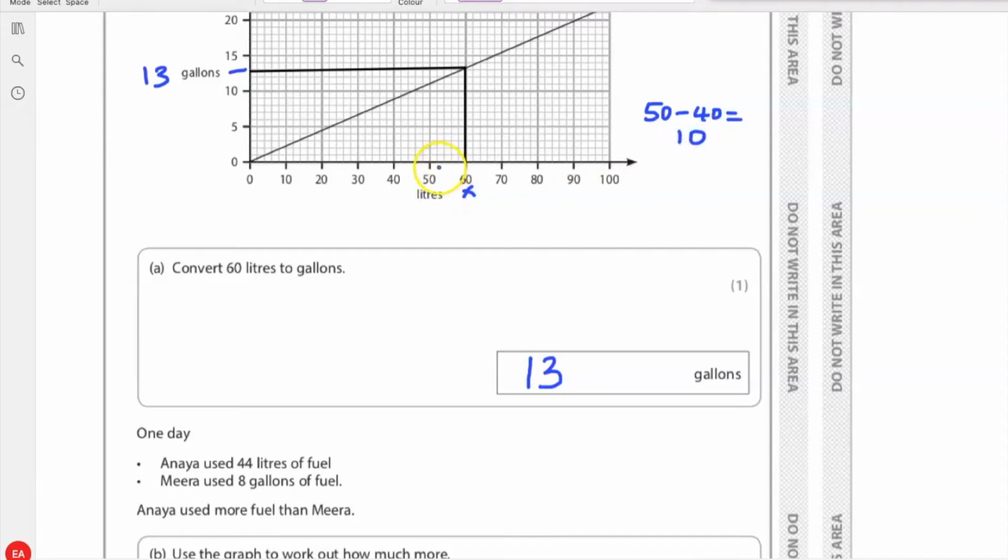You divide it by the number of lines we have in between 40 and 50: 1, 2, 3, 4, 5. So 10 divided by 5 is equal to 2. This helps us know that it's going up in 2. So I can now come back and read 40, 42, 44. So my 44 is here.